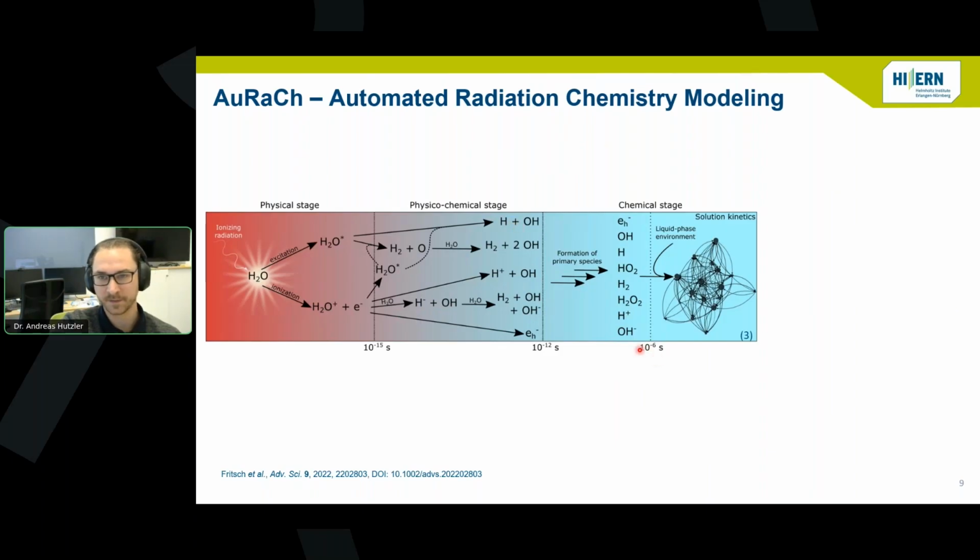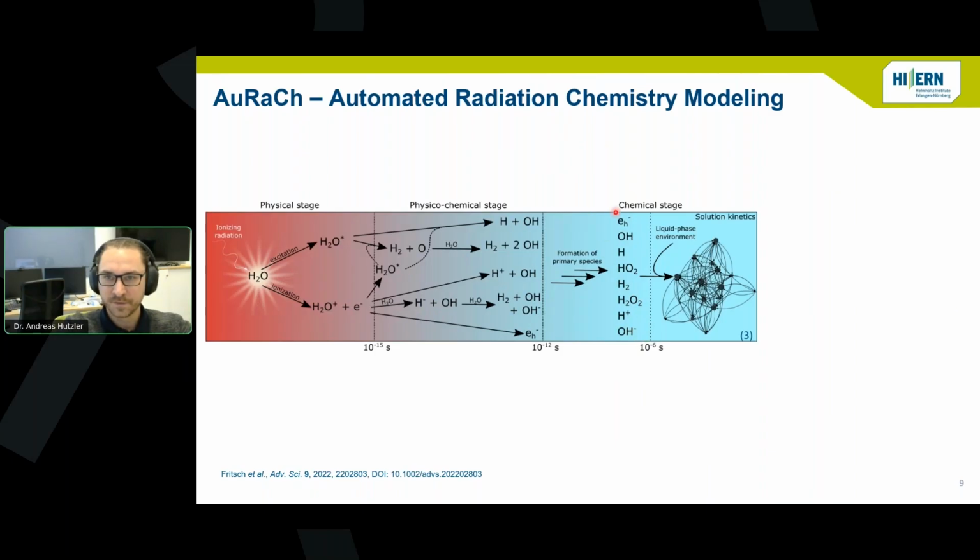After roughly 1 microsecond, these fragments of water will rearrange into what we call primary radiolysis products or primary species. Among them are highly reactive species like the solvated electron, hydroxyl radicals, hydrogen radicals, superoxide radicals, but also molecular ones like molecular hydrogen, hydrogen peroxide, and, as I said, H+ and OH-.